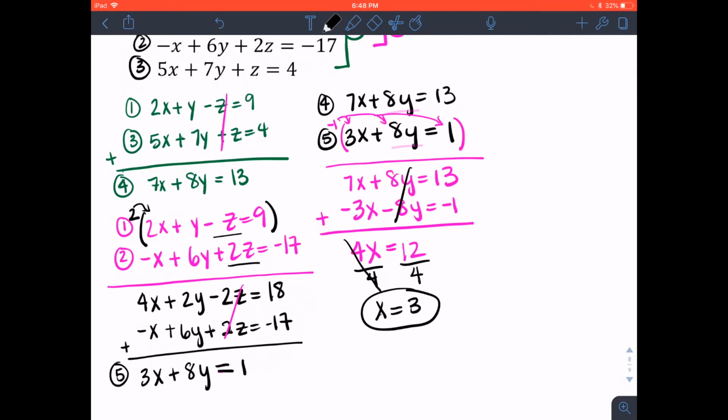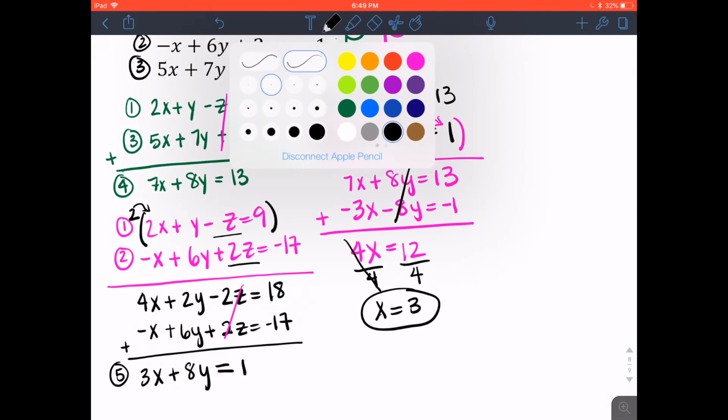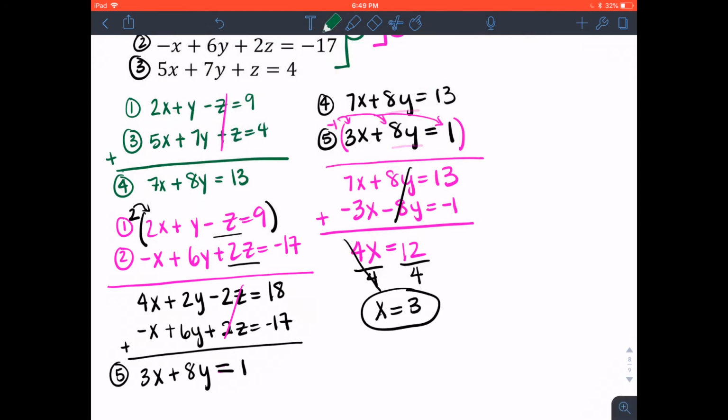Now that I've found x, remember you have to use either equation 4 or 5 to find what the second variable is. So I'm going to go ahead and use equation 5. It really doesn't matter, but I just chose one. So 3x plus 8y equals 1 is equation 5, and I'm going to plug in 3 for x, because that's what I solved here.